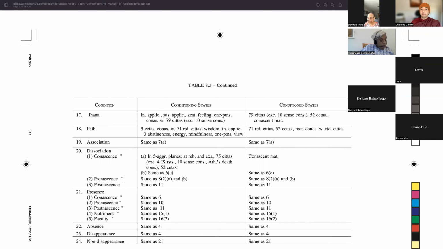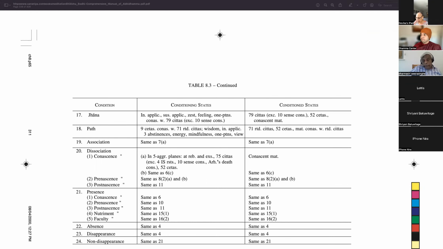How many Kusalas do you have? You have 21 Kusala Chittas, right? So 21 Kusala Chittas can help another 21 Kusala Chittas to support.